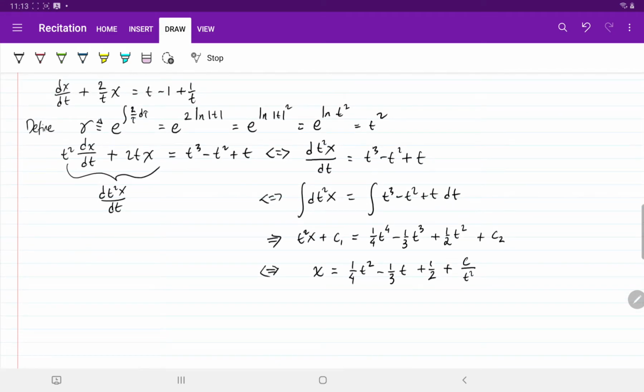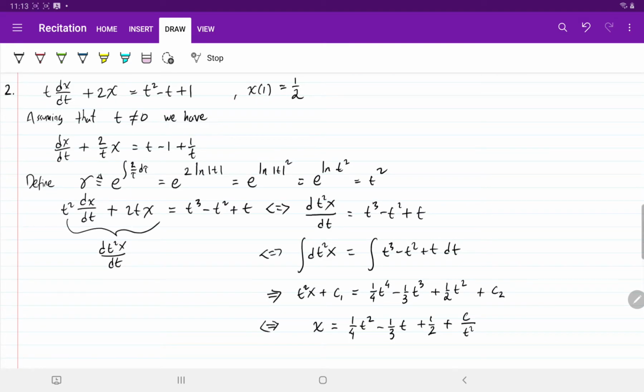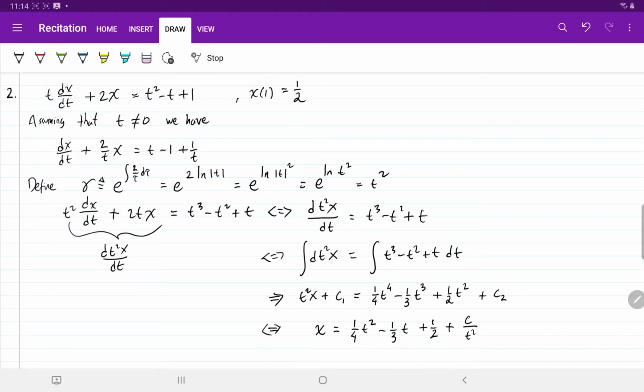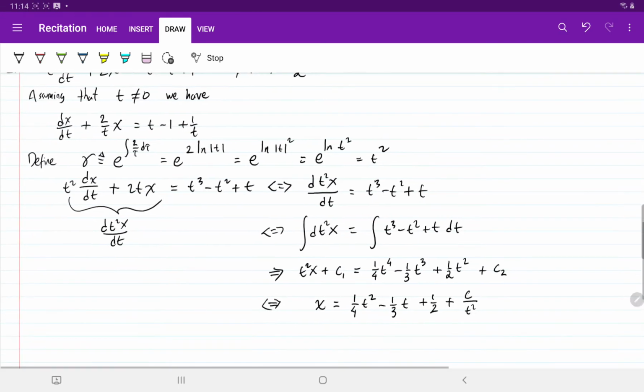Okay, so this is the general solution. To check, you can substitute x to this term and compute dx over dt and substitute into this term, and you can see that this holds. Okay, so that's how you check that this is the general solution of the problem.